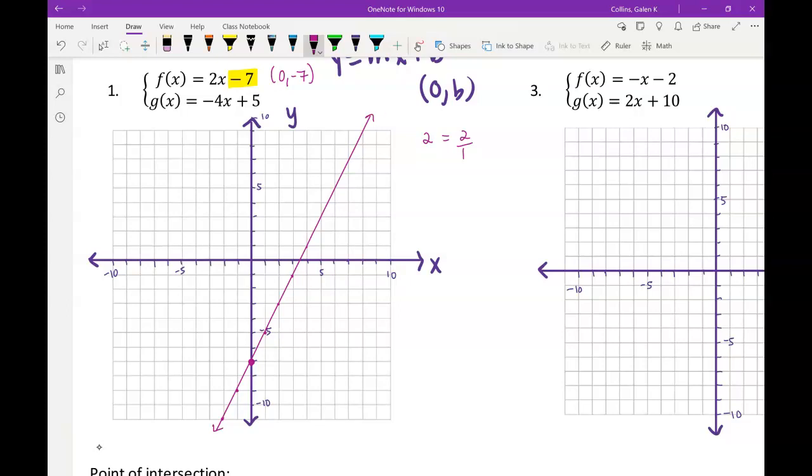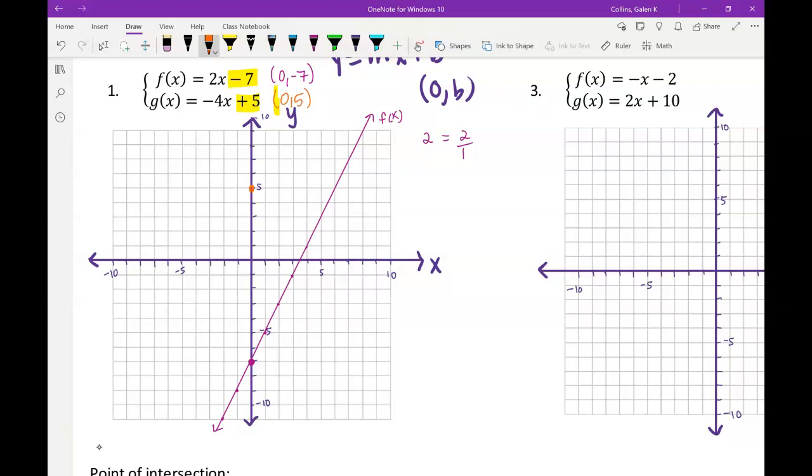All right, so this is the function f of x that we just graphed with a y-intercept of -7, a slope of 2. So for g of x, I notice my y-intercept is positive 5. So 0, 5. I'm going to mark that on my y-axis right here.